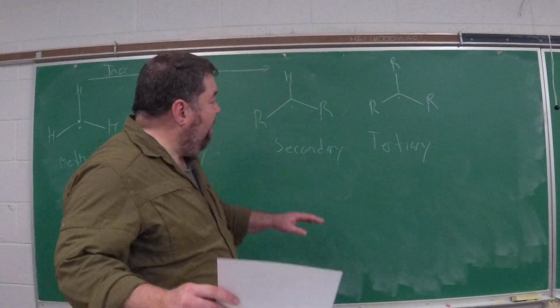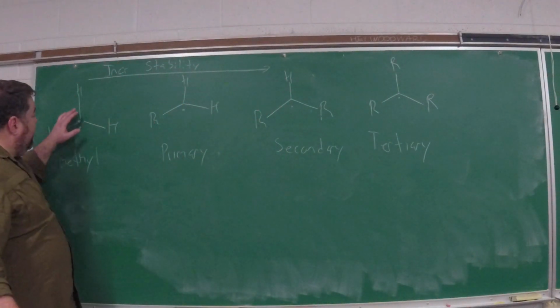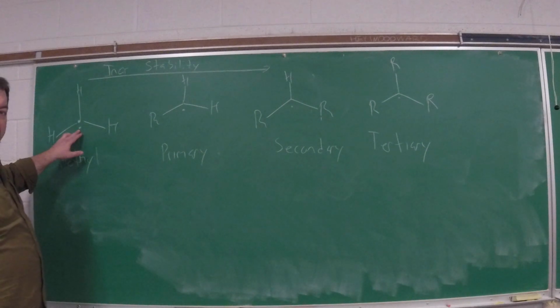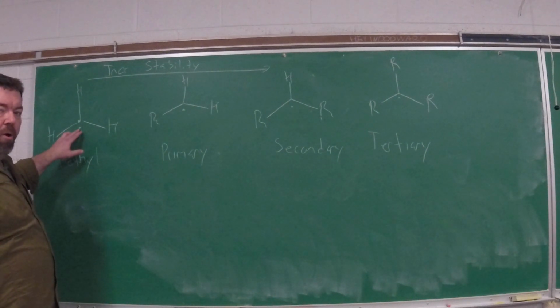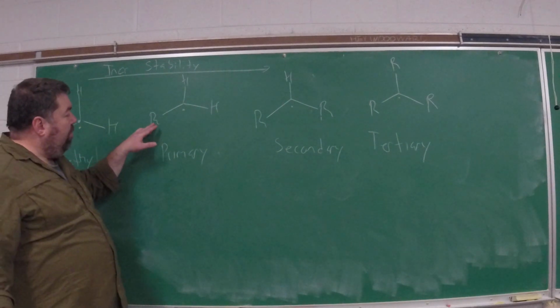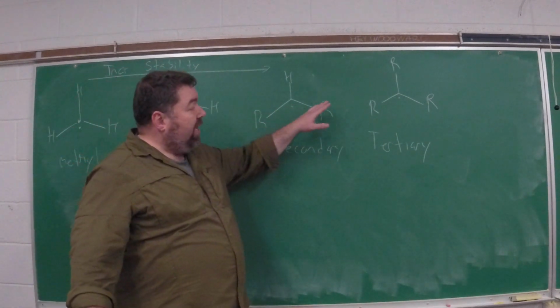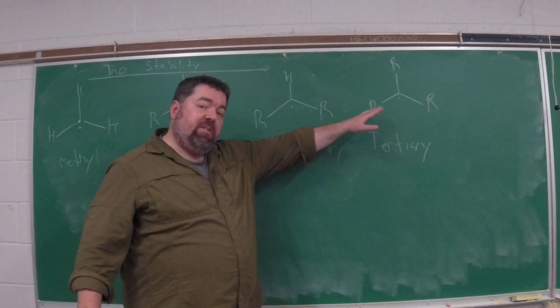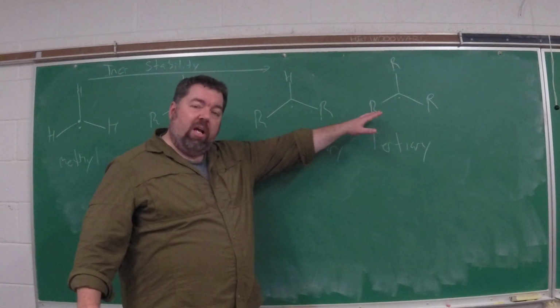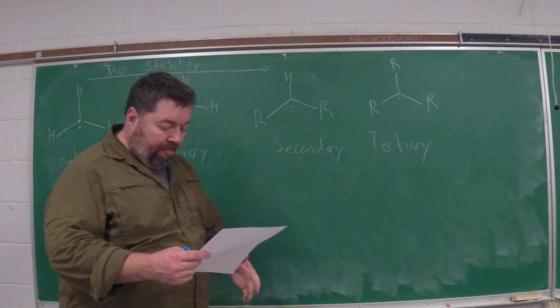And again, the reason why that is, these hydrogens can't help stabilize this free radical carbon here. Meanwhile, this carbon can. As you add more carbon atoms surrounding it, the more it can help stabilize that lone electron in that orbital.